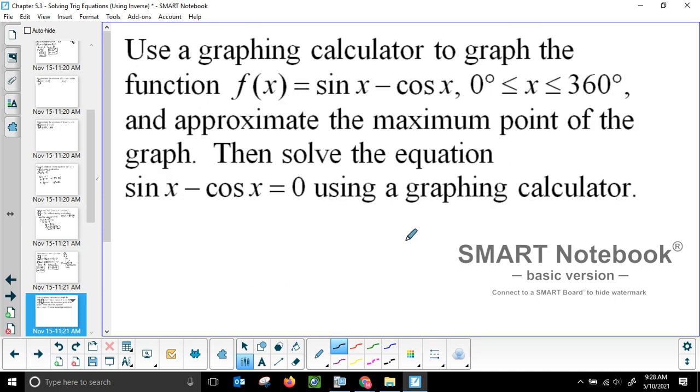All right. So now it's giving us between 0 and 360. So what are we going to have to be careful about here? It says graph it and approximate the maximum point of the graph, then solve the equation. So if this thing is equal to 0, how are we going to solve the equation? What are we going to be looking for?